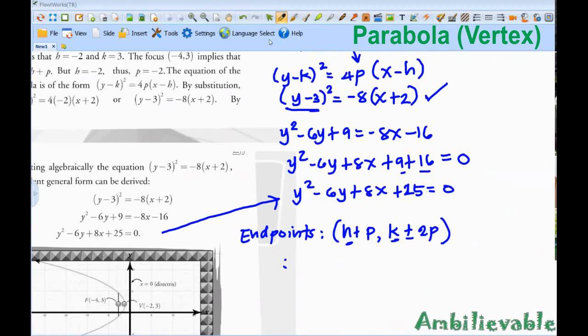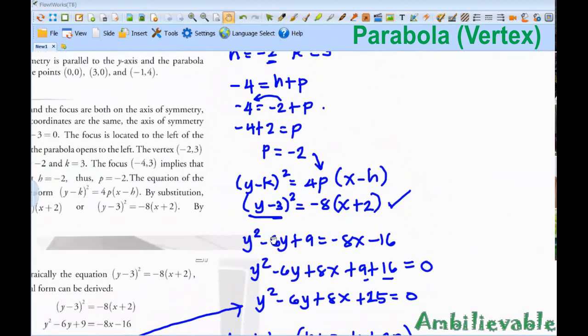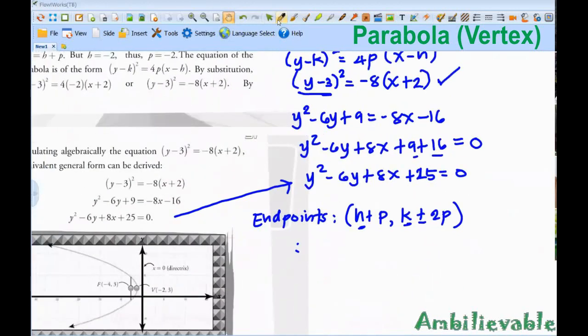So the h value was -2 and k is 3. H is -2 plus p, where p is -2, and k is 3 plus and minus 2 times the p, which is -2.